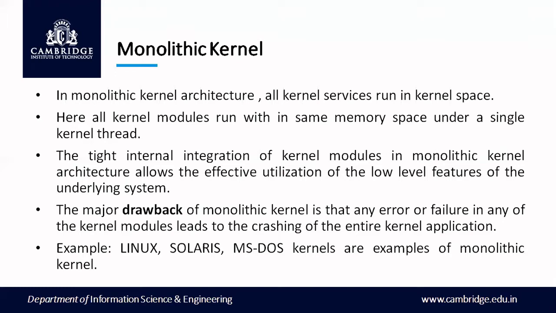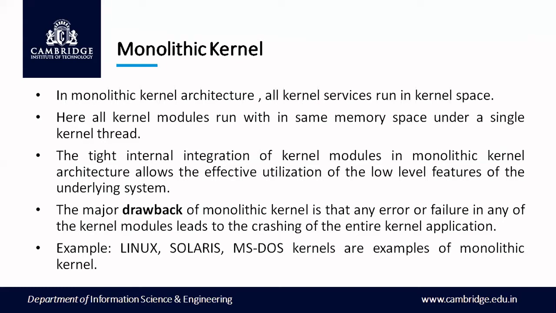The tight internal integration of kernel modules in monolithic kernel architecture allows effective utilization of the low-level features of the underlying system. Because the same memory space is used for a single thread, this tight integration of the kernel modules helps in effective utilization of the low-level features of the underlying system.